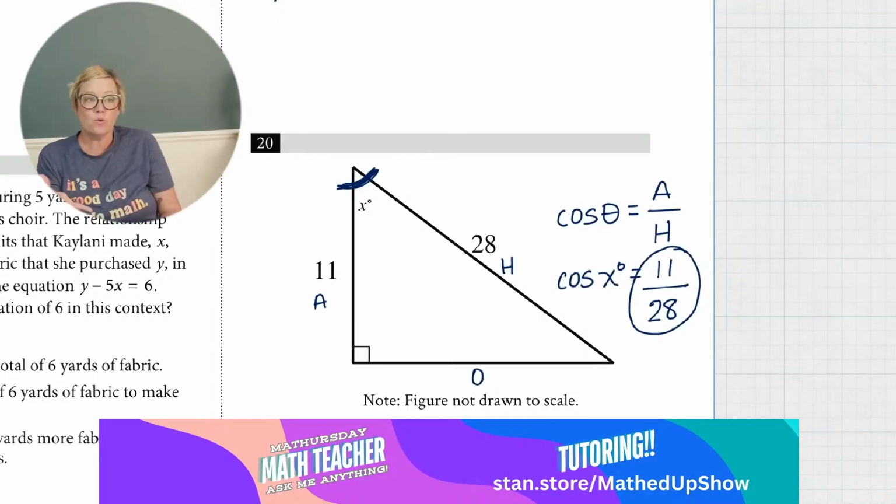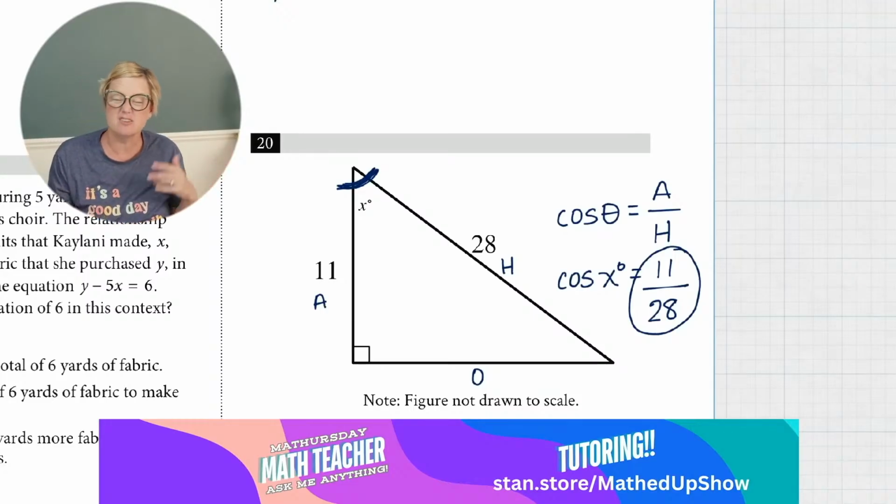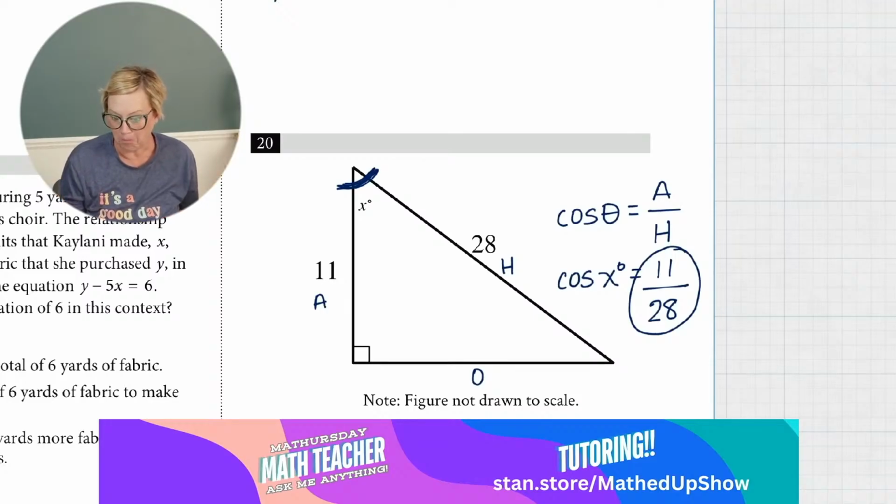Now with this one, because it's short answer, if you don't know what cosine is, you're kind of out of luck because there's not a lot of other strategies you could use. It would be hard to figure this one out if you have no idea what cosine is.